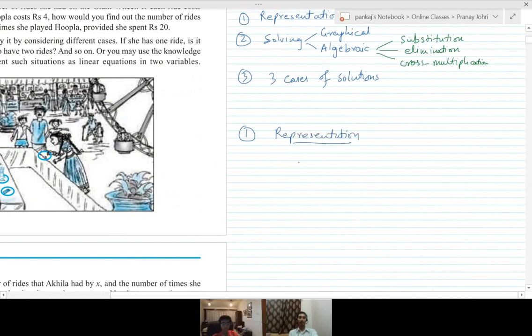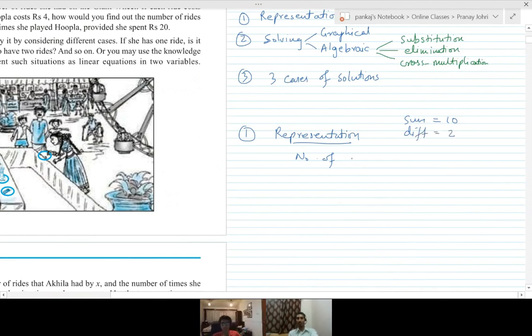The question is that the sum of the number of boys and number of girls in the class is 10, and the difference between the number of boys and the number of girls is 2. How do we represent this? We take sum is 10 and difference is 2.